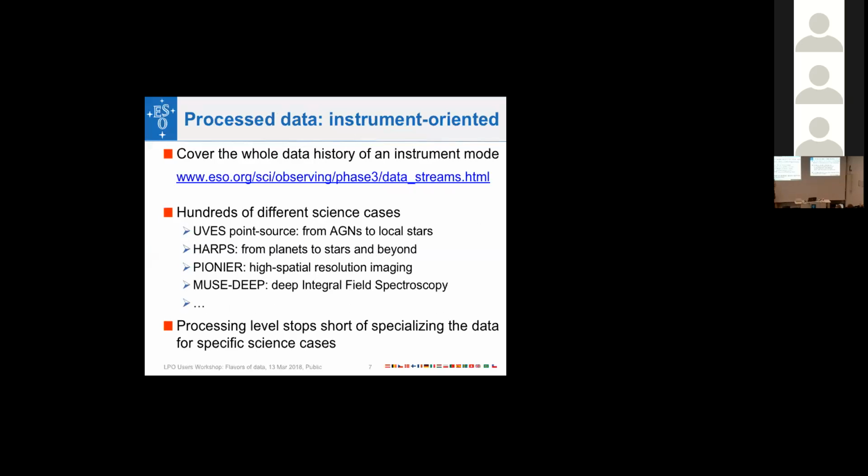The important thing is that, as opposed to the case before, the processing stops when a judgment on the science is needed. Because depending on what your science goal is, you may have different ways of combining images, for example, whether you want to preserve flux or whether you want to preserve the shape of stuff, or what is it that you want to do at the end. This data stops a step earlier than that, but covers the whole history of an instrument.